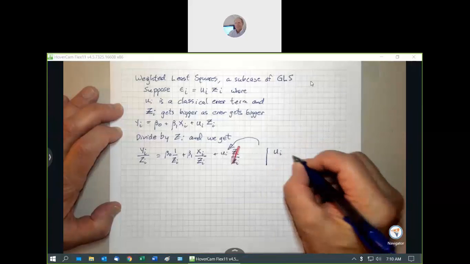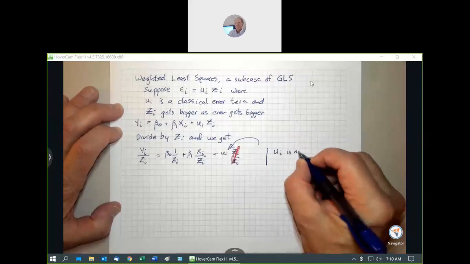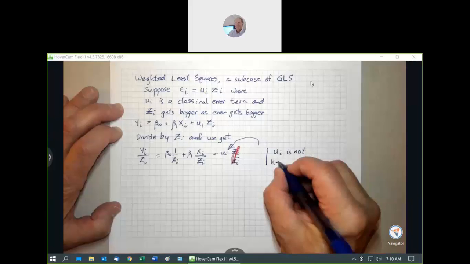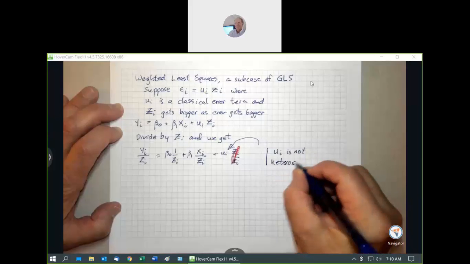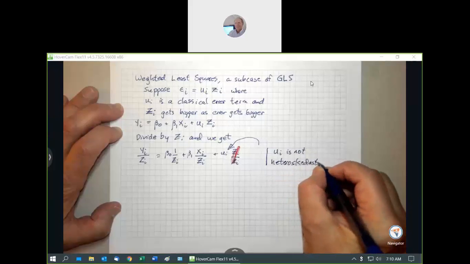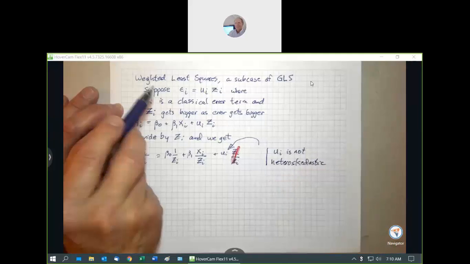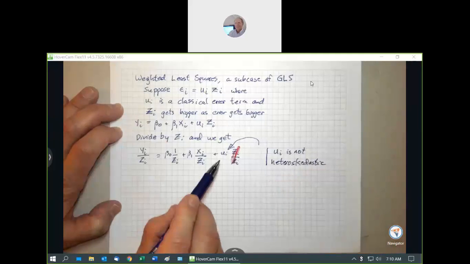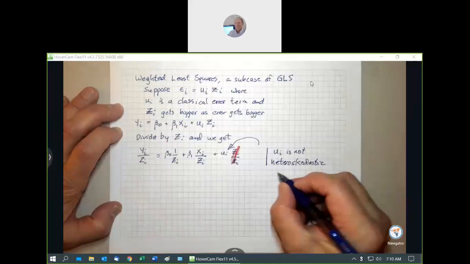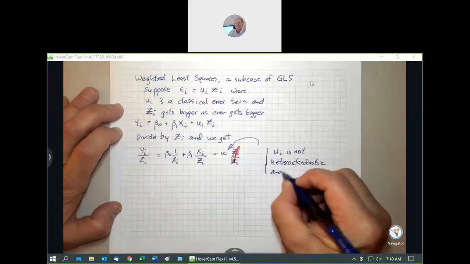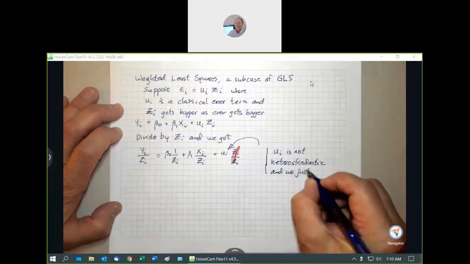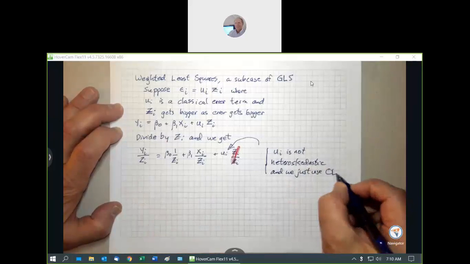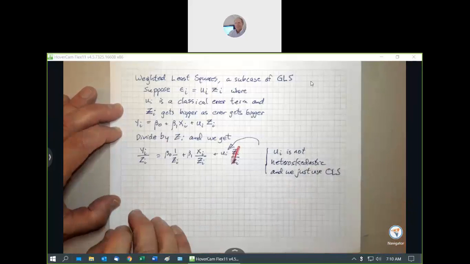So we would say ui is not heteroskedastic. See that? ui is not heteroskedastic by assumption. Epsilon i was, but this ui is a very nice one, and we just use OLS. There we go. What could be neater?